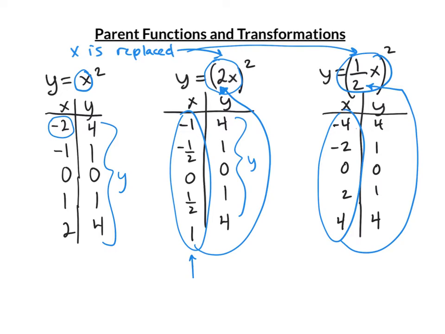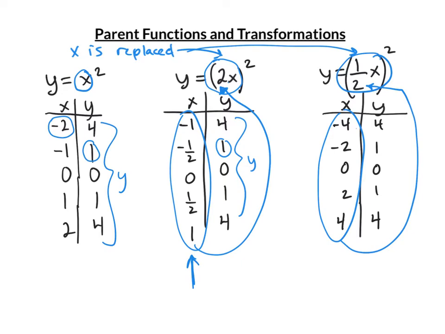When I plug in -1/2, 2 times -1/2 is -1, and it's in parentheses, so it's -1 squared, which is -1 times -1, which again is 1. So look at the values here. Notice that, remember I said it's the inverse. When you multiply by 2, your x values actually end up being divided by 2.